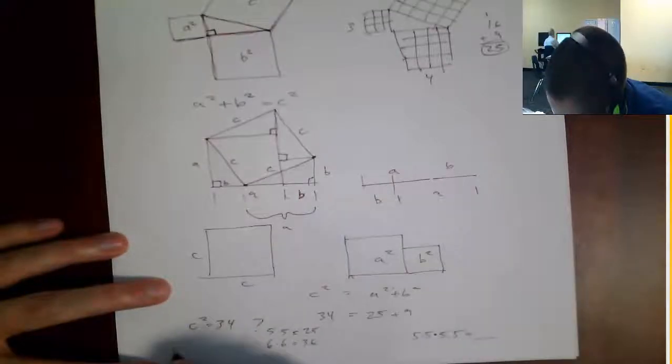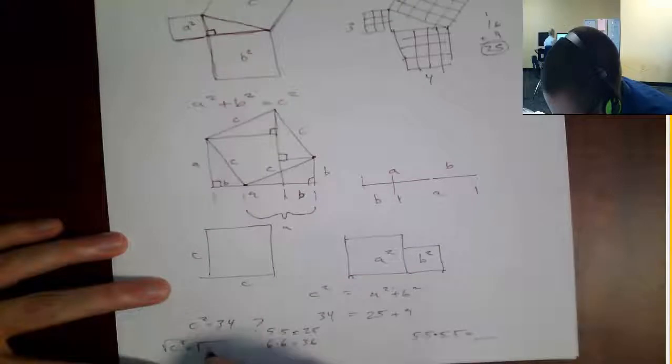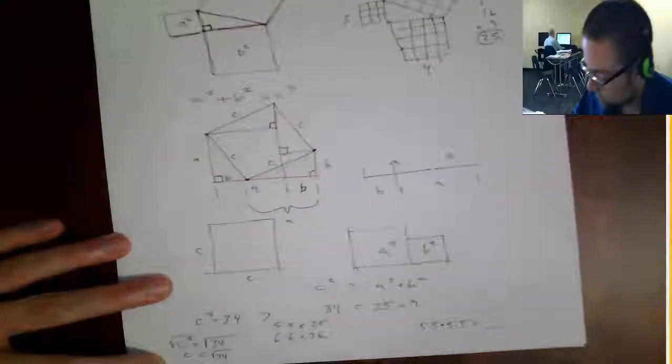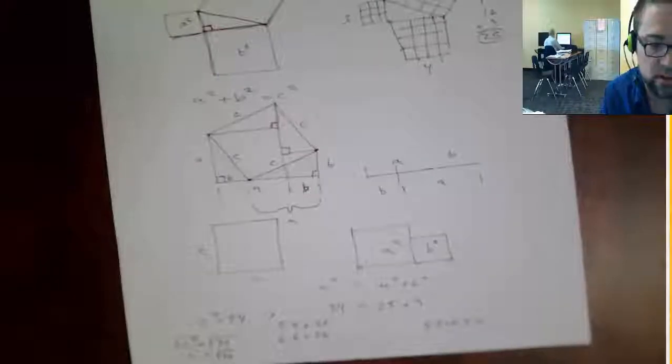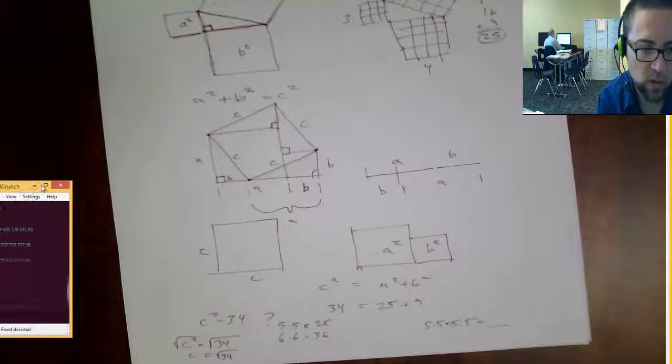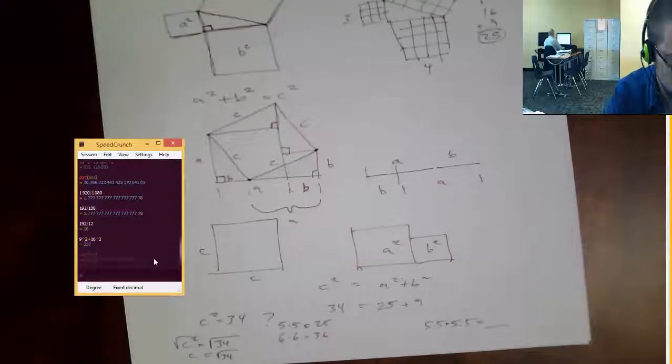It's called the square root. So c squared, you take the square root of both sides, and you get c is equal to the square root of 34. Let's see if I can pull that up on my calculator here. Square root of 34.